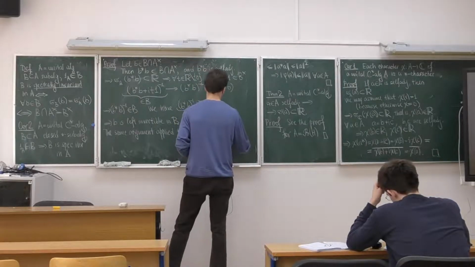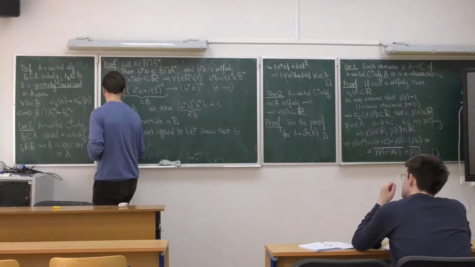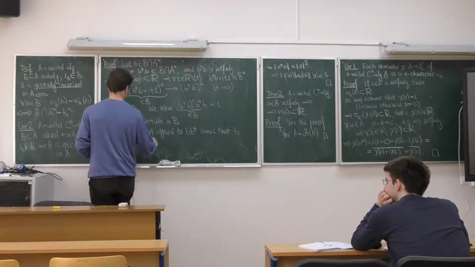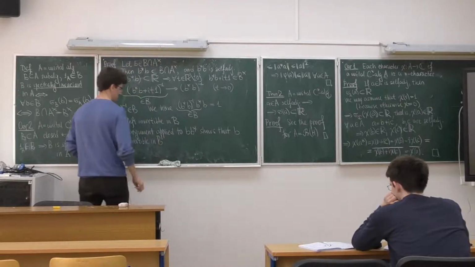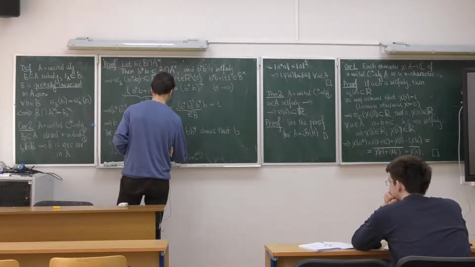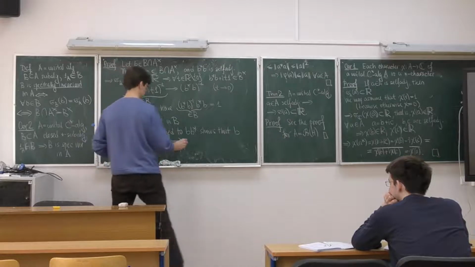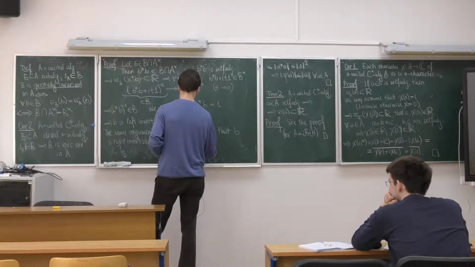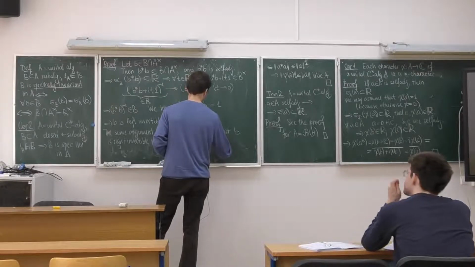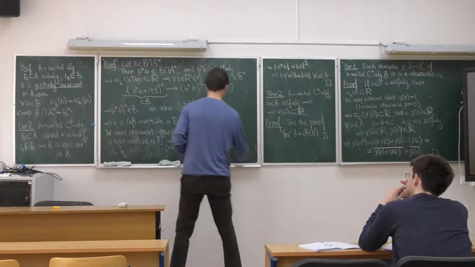Little b is right invertible. It has a right inverse in B. But now it's an elementary exercise to show that if an element is left invertible and right invertible, then it is invertible. And this completes the proof.